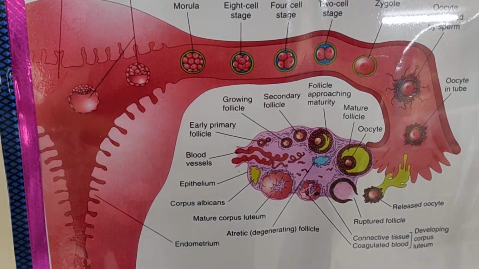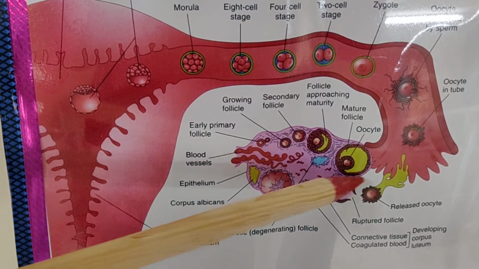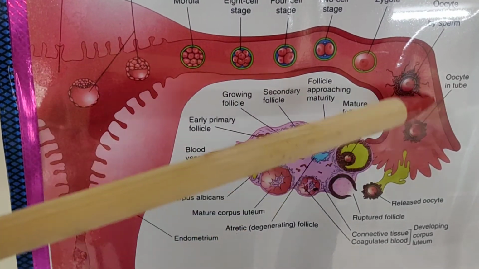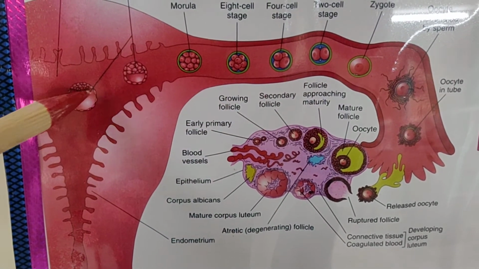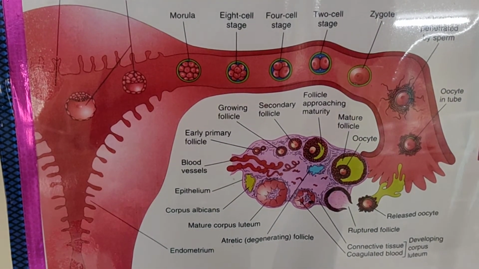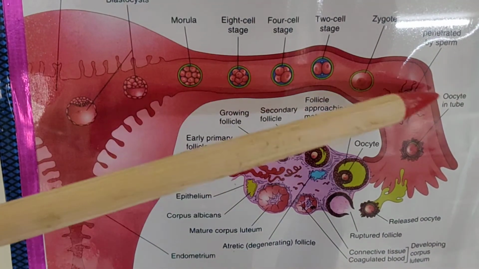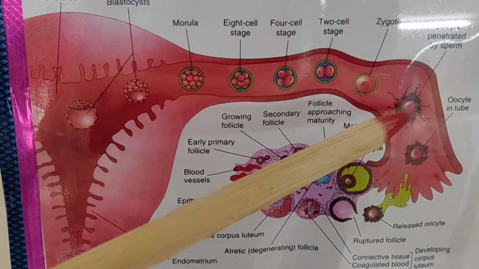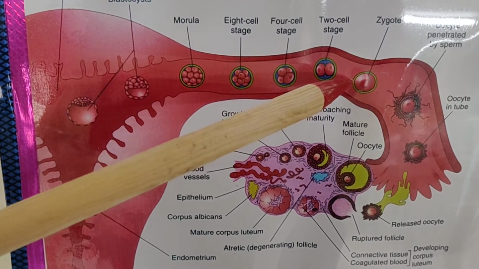Now in this diagram, you see the complete cycle from ovulation up to the implantation of the blastocyst. This is the fallopian tube, and here is the ampulla where fertilization occurs. After fertilization, it is the zygote.